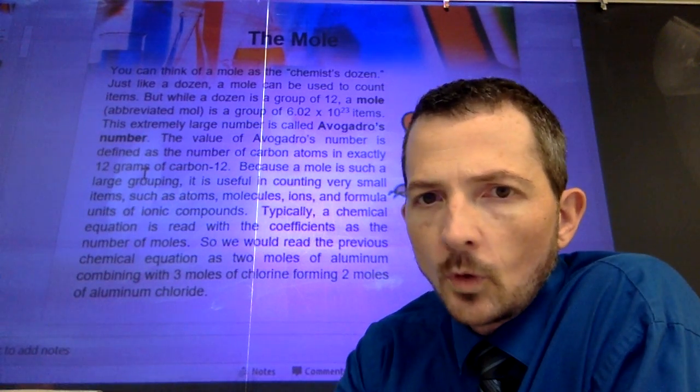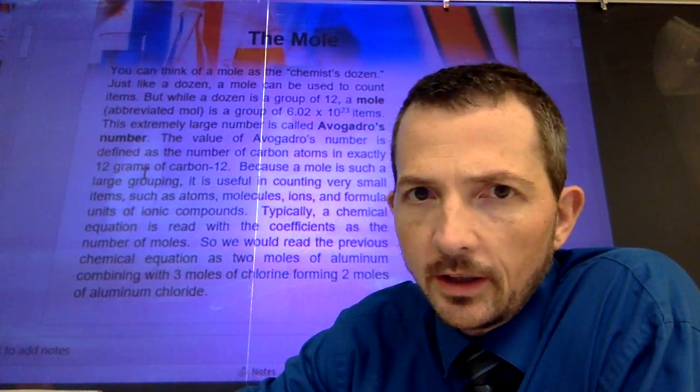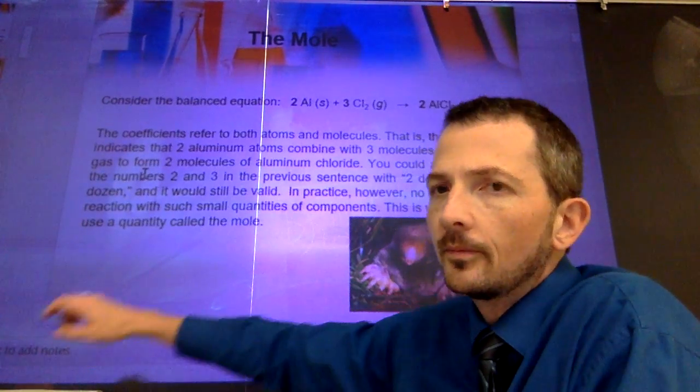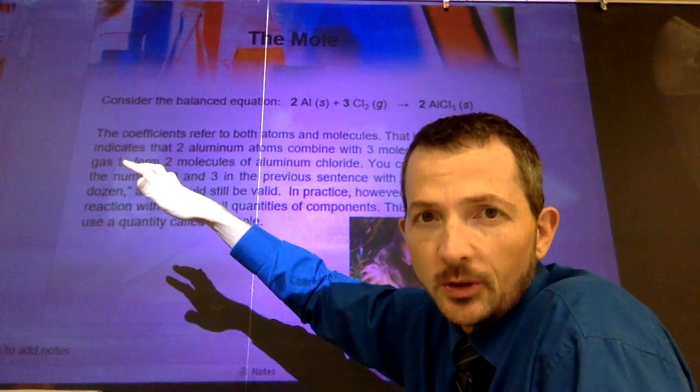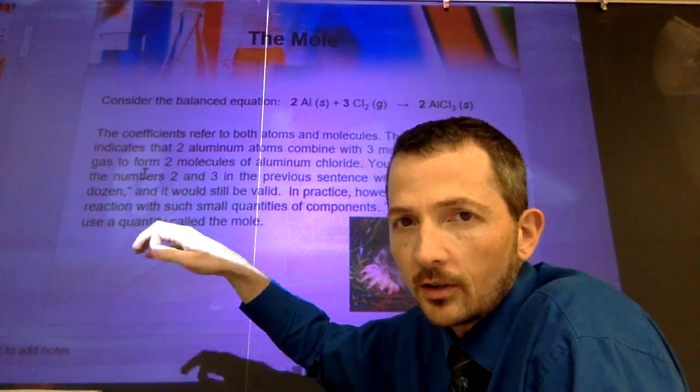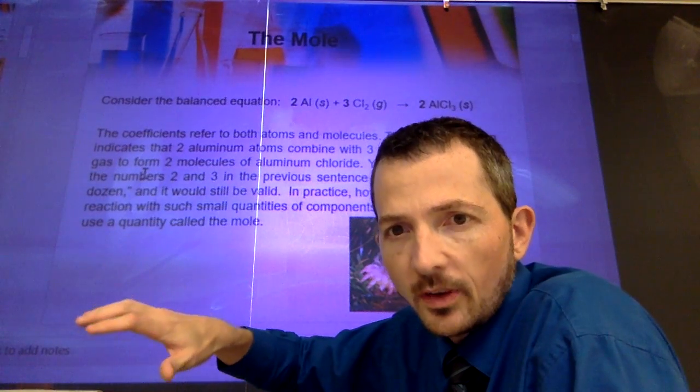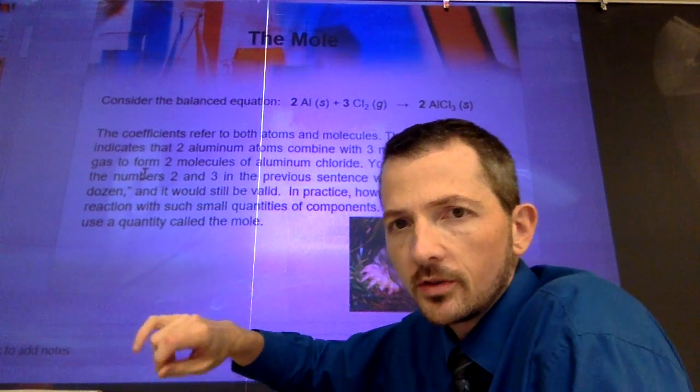And we can use that when we look at the chemical equation. So we go back and look at this chemical equation. This can still represent 2 atoms of aluminum combined with 3 molecules of chlorine, but it can also represent the moles now, on a larger scale.